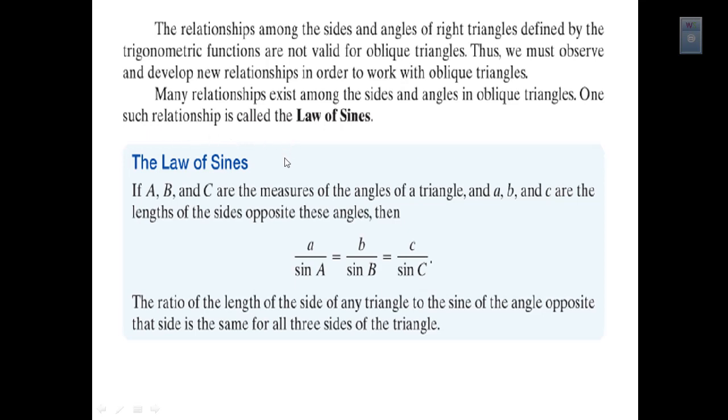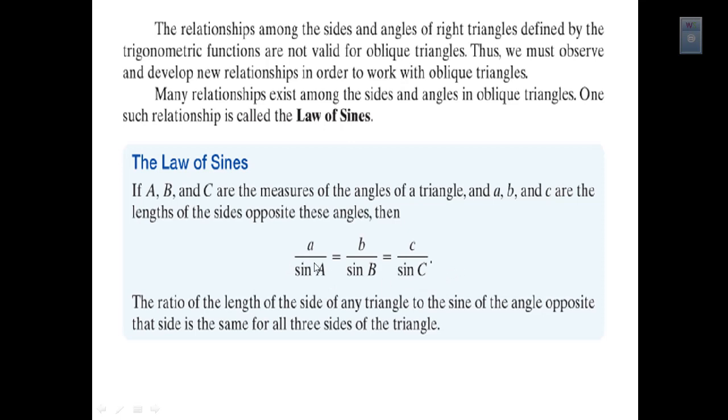One such relationship is called the law of sines, and this is the law of sines right here. If A, B, and C are the measures of the angles of a triangle, and a, b, and c, lowercase, are the lengths of the sides opposite these angles, then the ratio of a to sine A is equal to the ratio of side b to the sine of angle B, and that is also equal to the side c divided by the sine of angle C. So each one of these ratios must be equal.